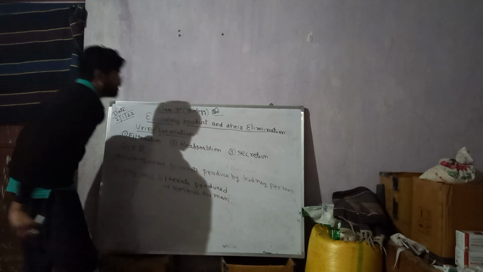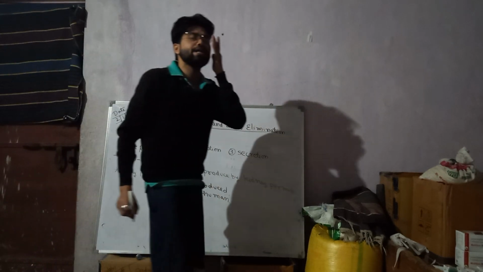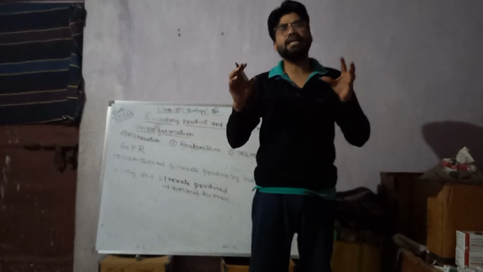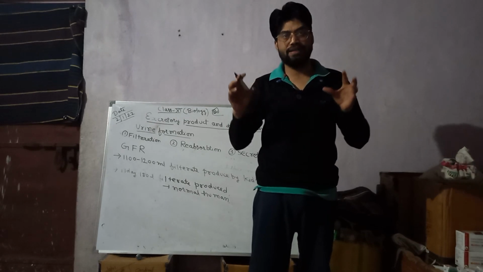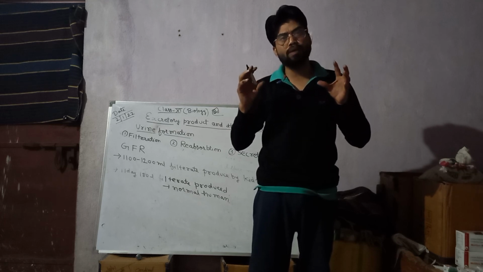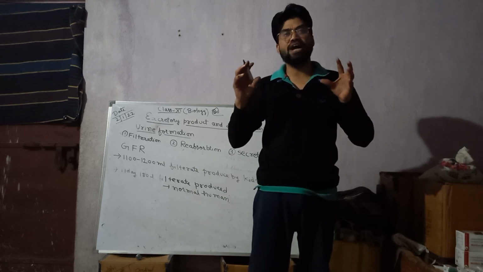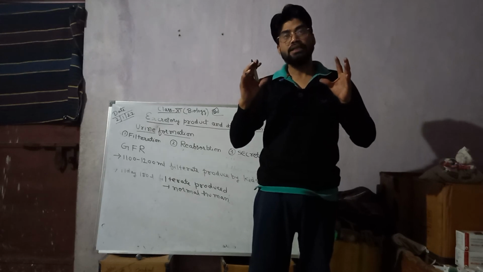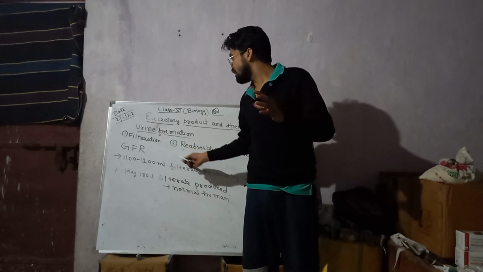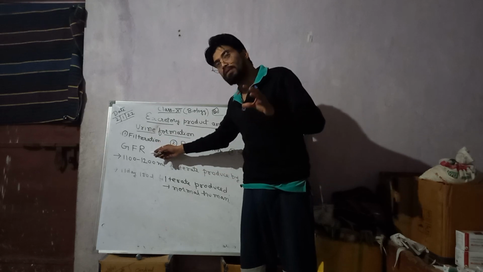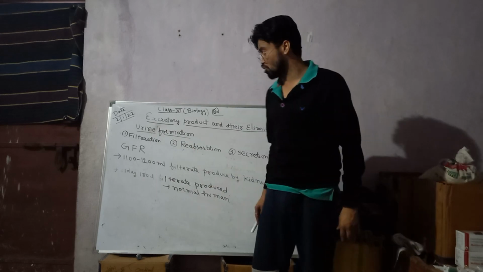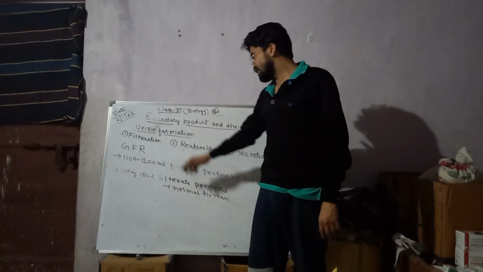And one more interesting thing, my dear student, 20% of the blood that is pumped by the ventricle of the heart to the body, that much, 20% of the blood, goes to the kidney, and that is the case of the GFR here also. So my dear student, this is the GFR.